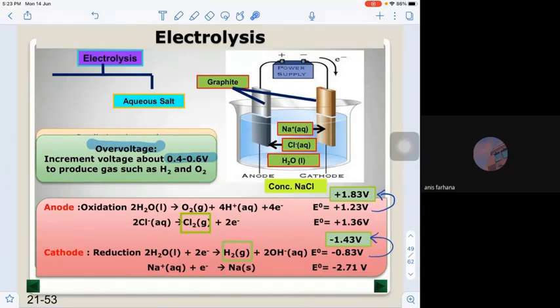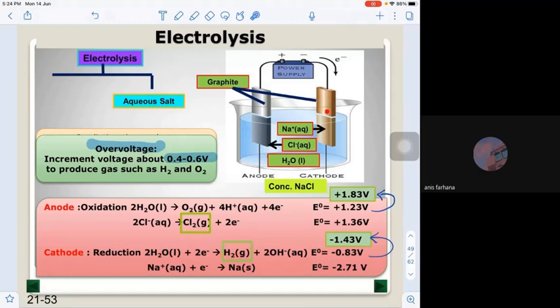And then at the cathode, we compare between negative 1.43 after we consider overvoltage with negative 2.71. For the reduction to occur, we have to look at the E naught value that is more positive or less negative. So negative 1.43 is less negative than this, so H2 will be produced at the cathode.